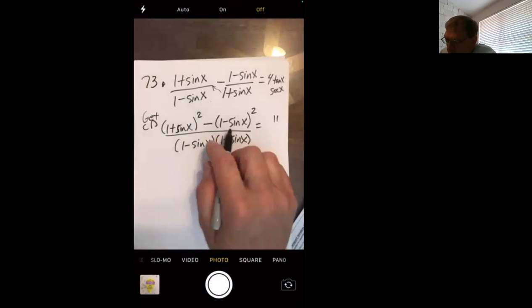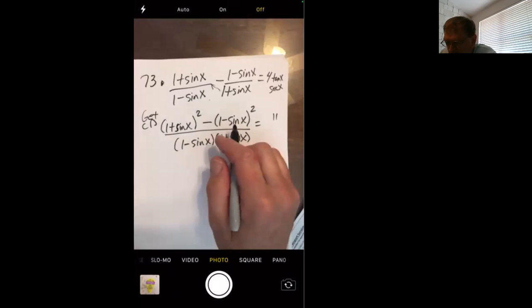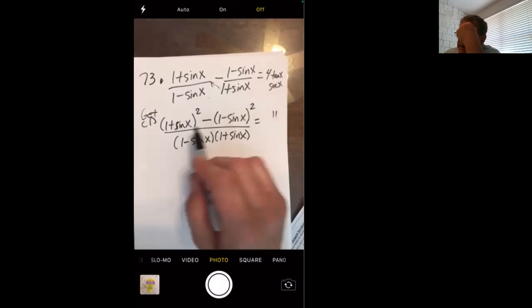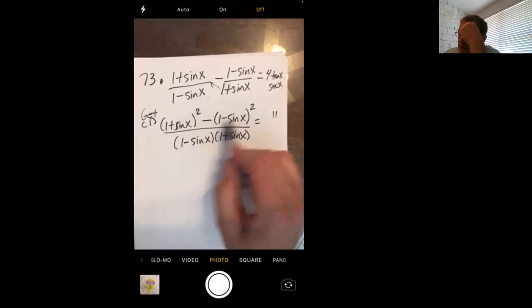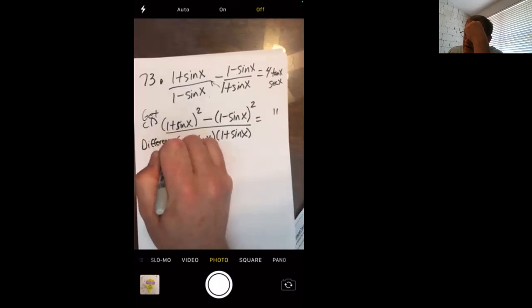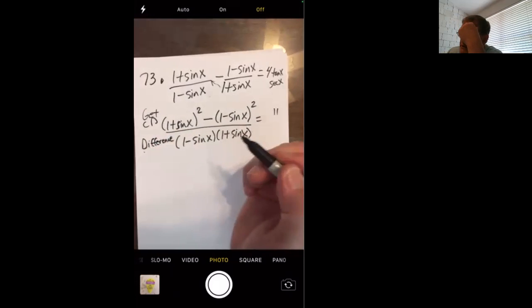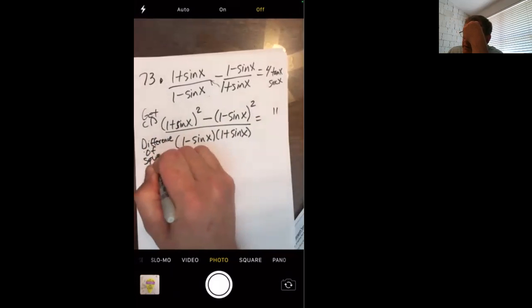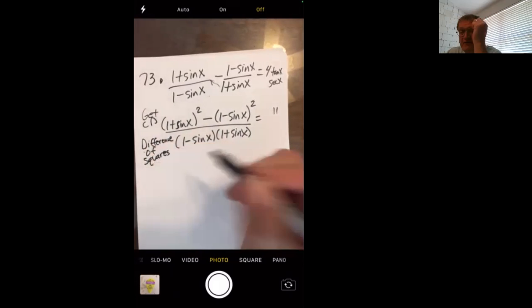Could FOIL. But notice how this is squared and this is squared. It's a specialized trick, but I could easily write it out as a difference of squares. Or I could just go ahead and FOIL and watch the terms. It might be a little longer. Maybe I should just FOIL it.